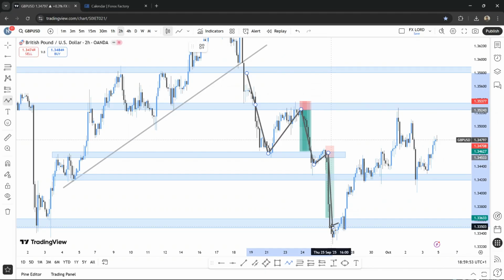But before you can enter each of these markets, you first of all have to wait for a confirmation if you should enter or not. Once the market gets to your expected level, your expected area of interest, you do not just get into the market. You first wait for confirmation that this is solid, that we are actually going to go in this direction.